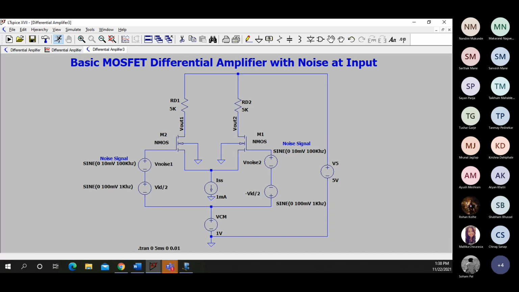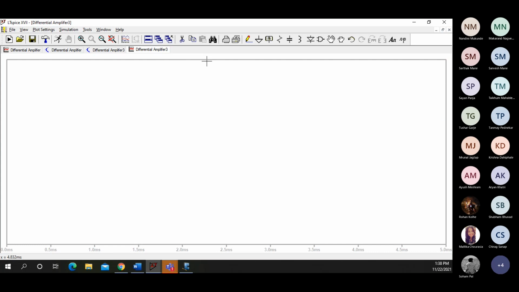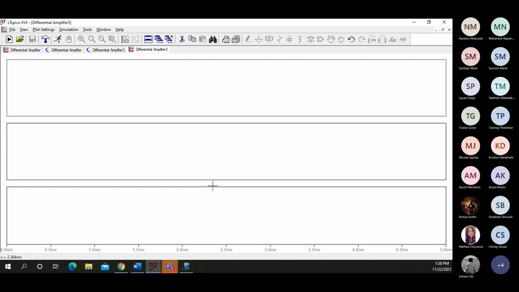I am again running this. So we will expand this, and here again we will divide it into 4 plot planes.